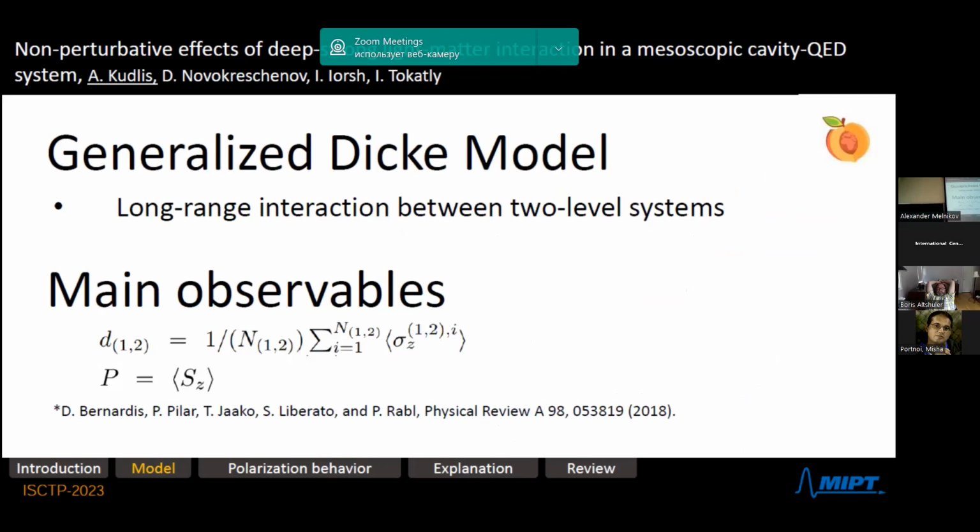And we've decided to analyze the following quantities. It is the polarization of one specific dimer. We can formally write some averaging here, but due to the fact that they are all identical within one group, we can just analyze sigma z of any specific dimer, and the total polarization, the average value of the Sz operator.